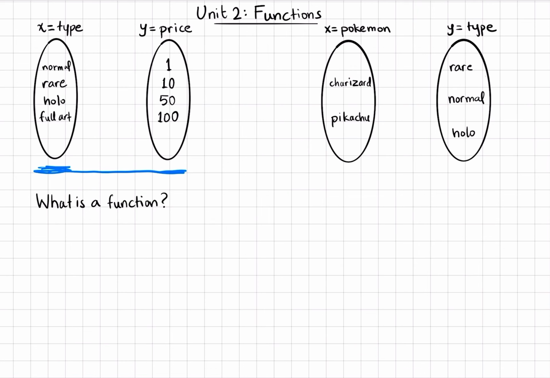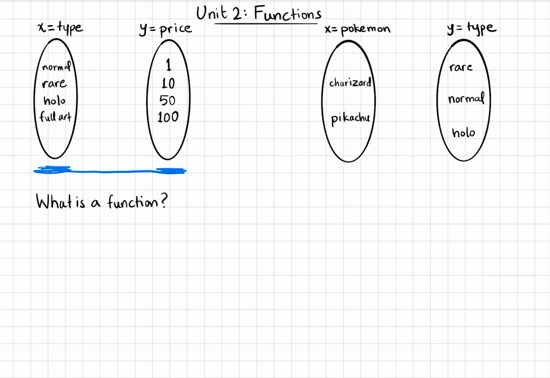The second set is the different prices of these cards. So every type of card will have its own price based on how hard it is to find.